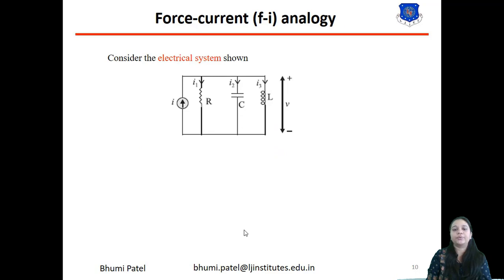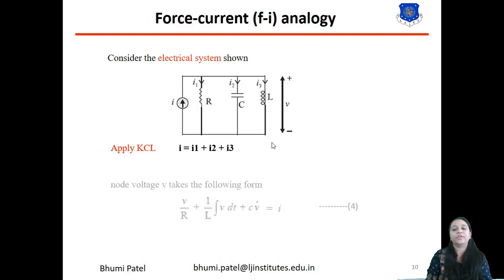Next analogy is the force current analogy. In the force current analogy, consider the electrical system shown in the diagram. Current I is applied to the system. R, L, C are the components of the system. Apply Kirchhoff's current law. The total current I is equal to the summation of the individual currents I1 plus I2 plus I3.